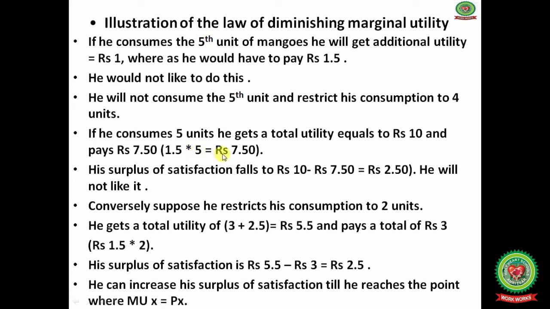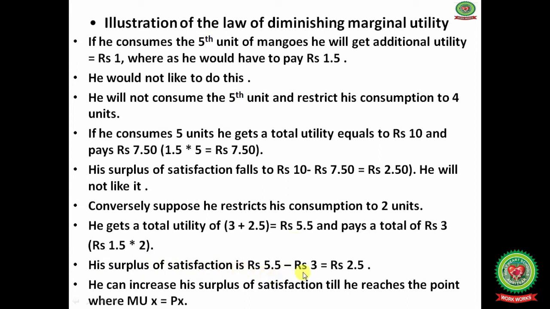If he consumes the 5th unit, he gets a total utility equal to rupees 10 and pays rupees 7.50, that is 1.5 multiplied by 5, which is equal to rupees 7.50. So, his surplus of satisfaction falls, that is rupees 10 minus rupees 7.50, which is equal to rupees 2.5. He will not like it.